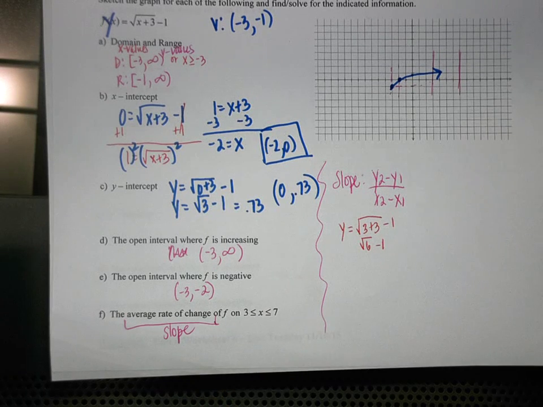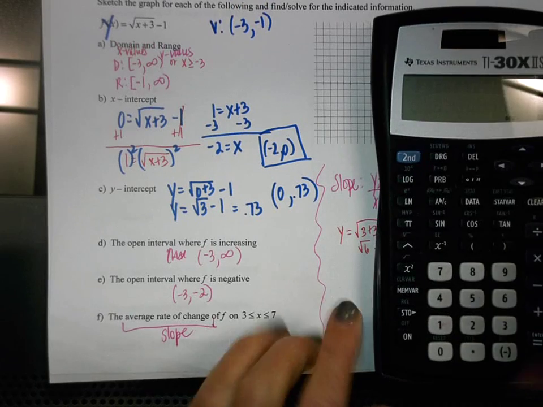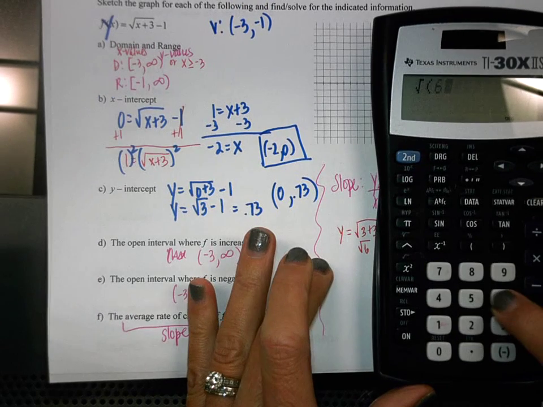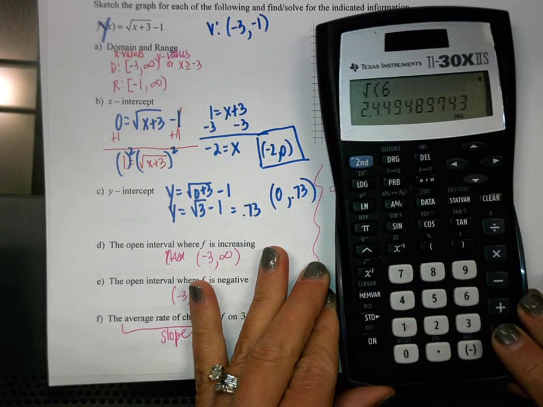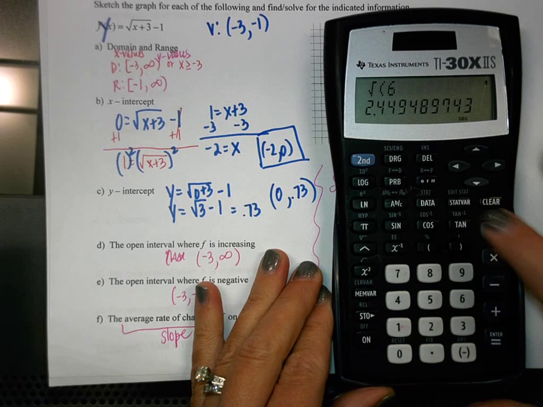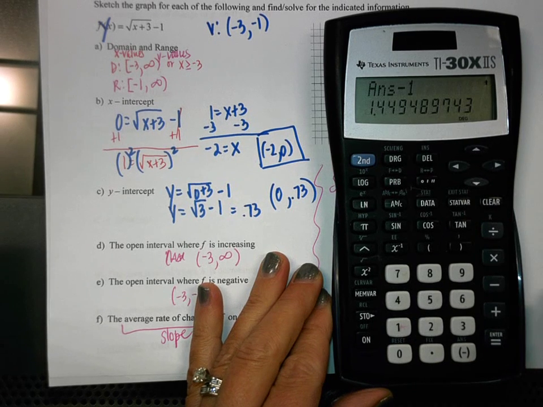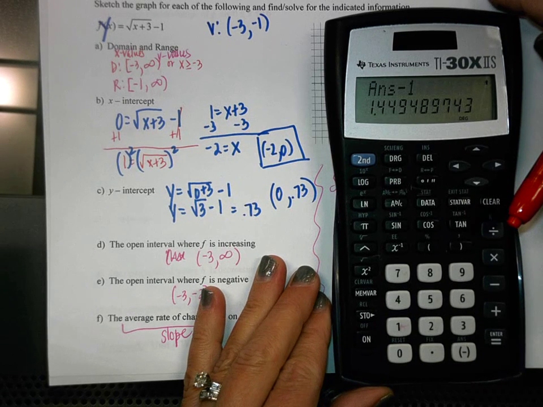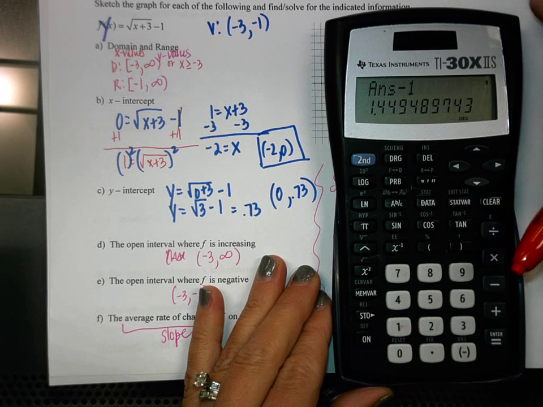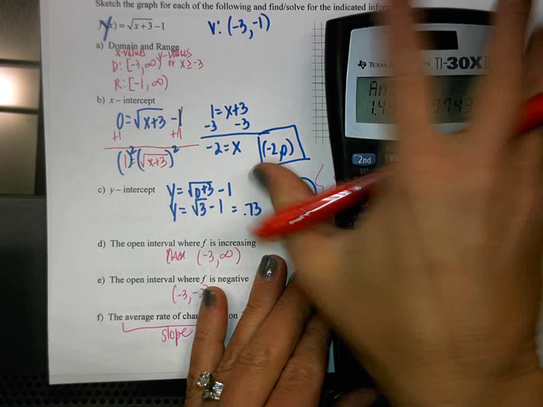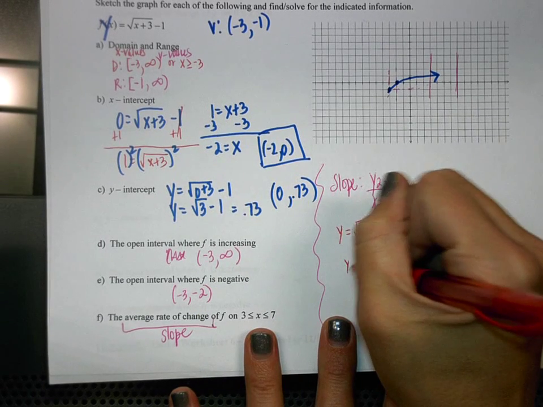So we take out our calculators and find the square root of 6, and then I subtract 1, which is, we're going to call that 1.45. So y equals 1.45.